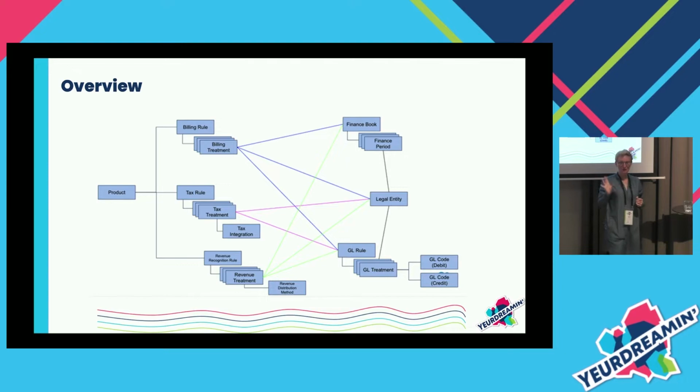Obviously, with Salesforce Billing, what you can see here is that we are billing, right? We are not performing any ERP activity. What does that mean? For example, depreciation, we don't do. Fixed assets don't exist in Salesforce Billing. Accounts payable doesn't exist in Salesforce Billing, right? Salesforce Billing is not an ERP tool.